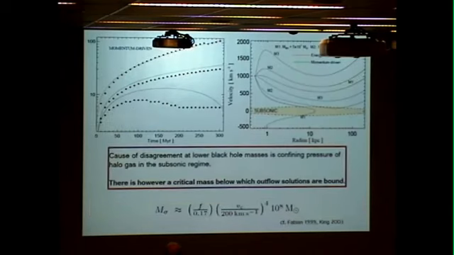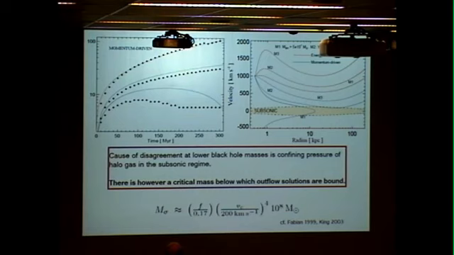And the reason is that you actually enter the regime in which the propagation of the shell is subsonic. And analytical models always make the assumption that you have a strong shock. When the speed of propagation of the shell is comparable to the speed of sound in a halo, you actually need to take into account the confining pressure of the halo gas.